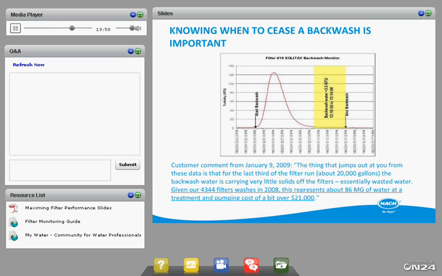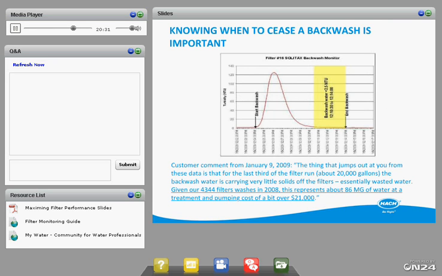If we look at this data series in front of us, we will see this from a drinking water facility. It looks like a pretty typical backwash cycle. In the backwash cycle, you can see that there is an extreme amount of overwashing going on. In fact, reading from the customer comment here, the thing that jumps out at you from these data is that the last third of the filter run, about 20,000 gallons, the backwash water is carrying very little solids off the filter, essentially wasted water.